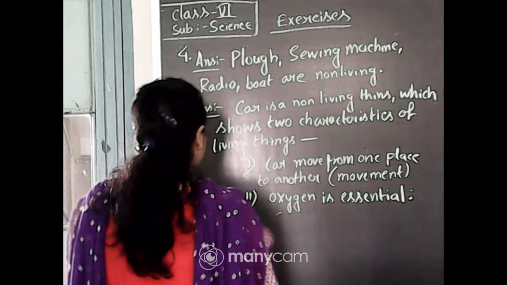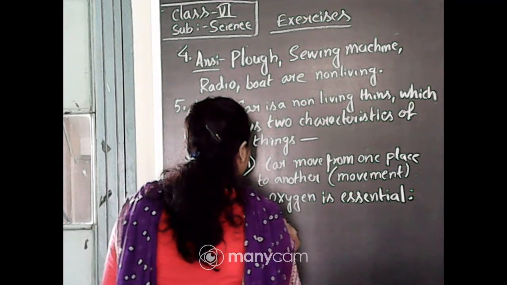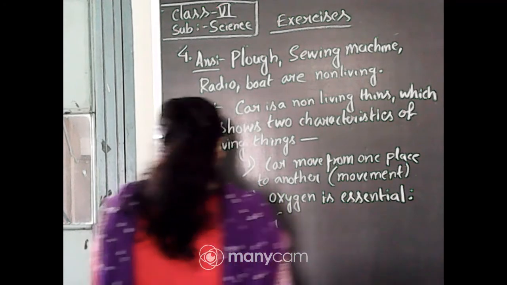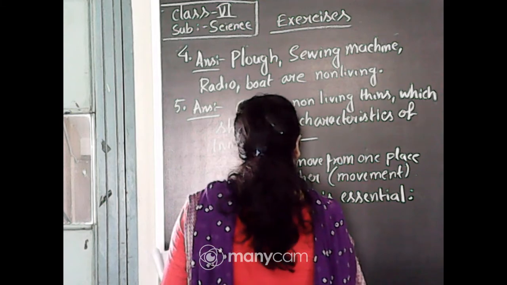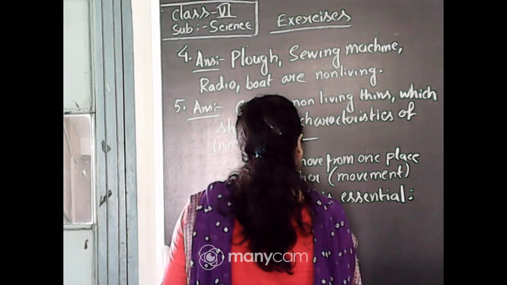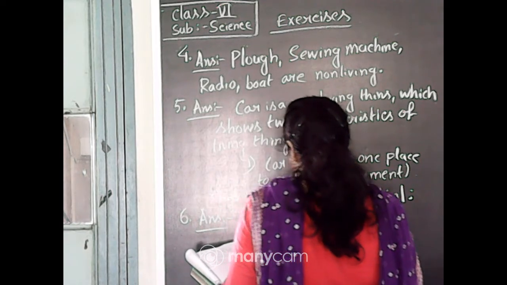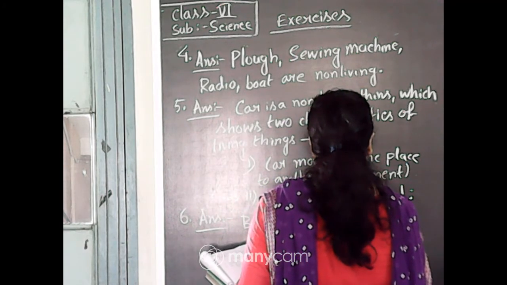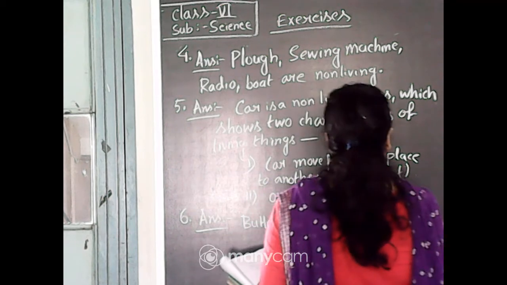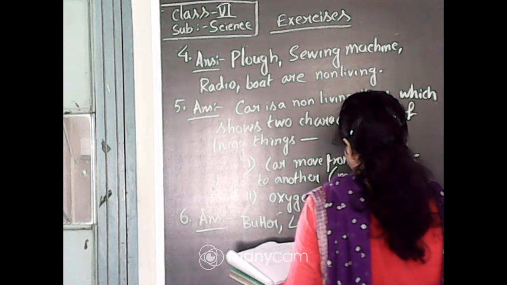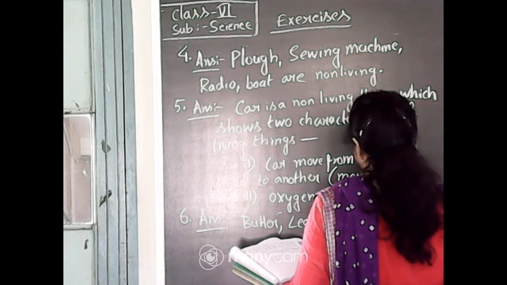So among these, butter is extracted from animal milk. So butter, leather. Leather is extracted from animal skin, then wool is extracted from the fur of some animals. Okay, wool.